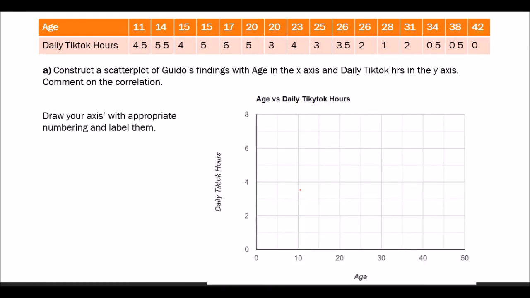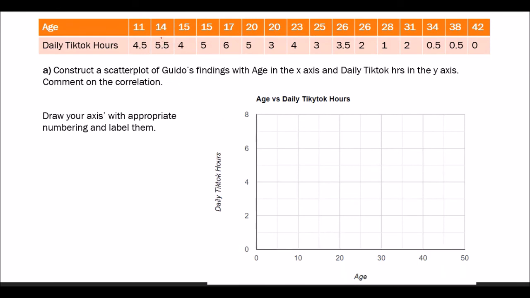Part 1, make a scatter plot. For this, you want to make sure that your scatter plot includes at least all of the important information. So label your scatter plot, both axes, and make sure you've got proper numbers. For example, for age, my age range is from 11 all the way to 42, so you want to make sure you've included at least everything from 11 to 42.